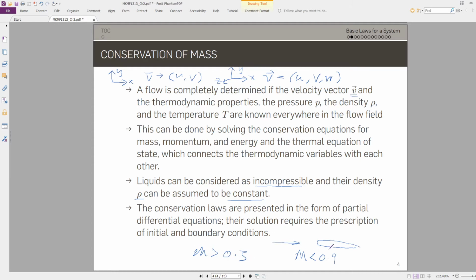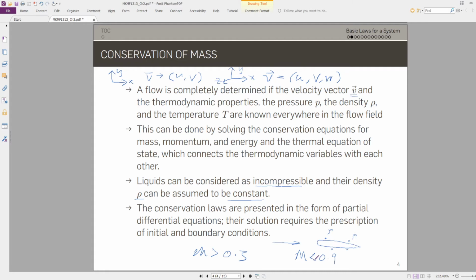When an aircraft is flying at Mach numbers below 0.3, if we measure the density around the aircraft wing, we will find that the density has very little change from one point to another, and the difference is not very significant.